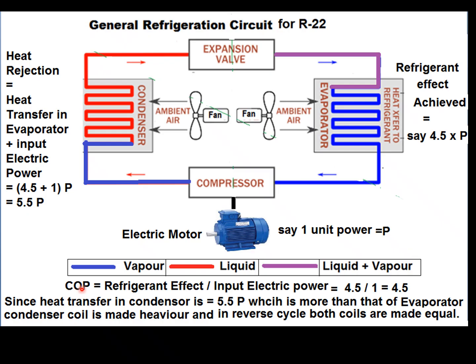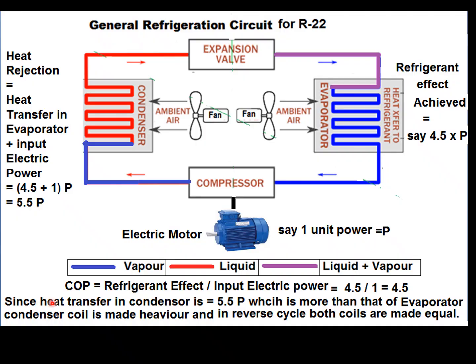And this ratio, COP, coefficient of performance, is equal to the refrigerant effect divided by the electrical power. So here it is 4.5 divided by 1, this is the refrigerant effect.